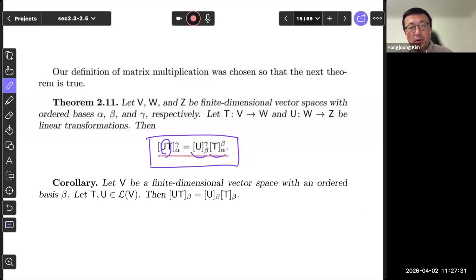And please remember, you cannot switch the order, because matrix multiplication is not commutative. So you need to be careful with the order of the matrices.